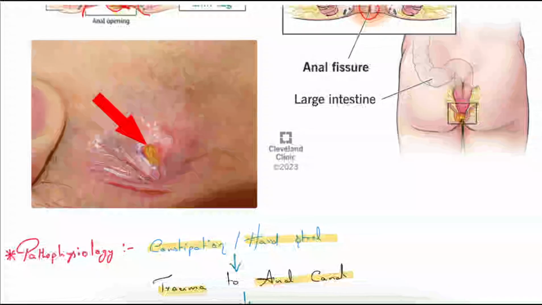If it is not improving, then you have to go with topical GTN and diltiazem. Then if it is improving, you continue with the GTN and diltiazem, the topical calcium channel blocker. If it is not improving, then you have to go with botulinum toxin, and for persistent chronic fissures, after that, lateral internal sphincterotomy. Okay, so these are the things.